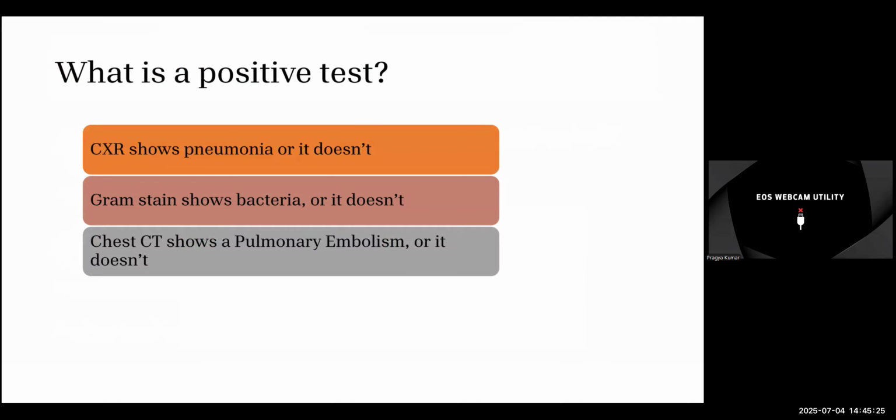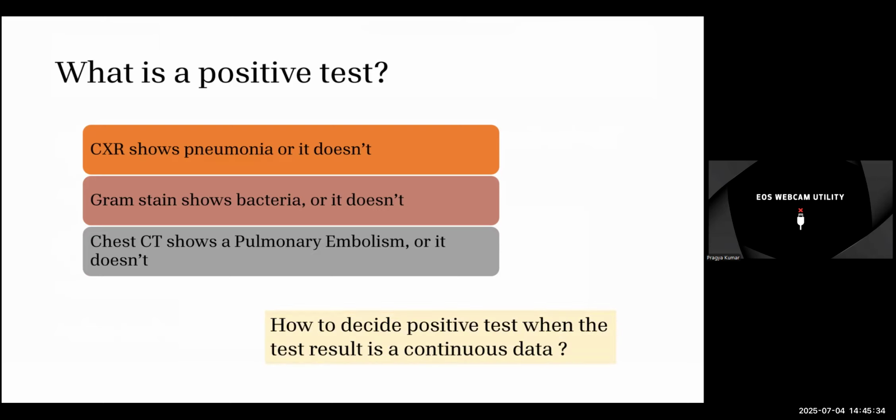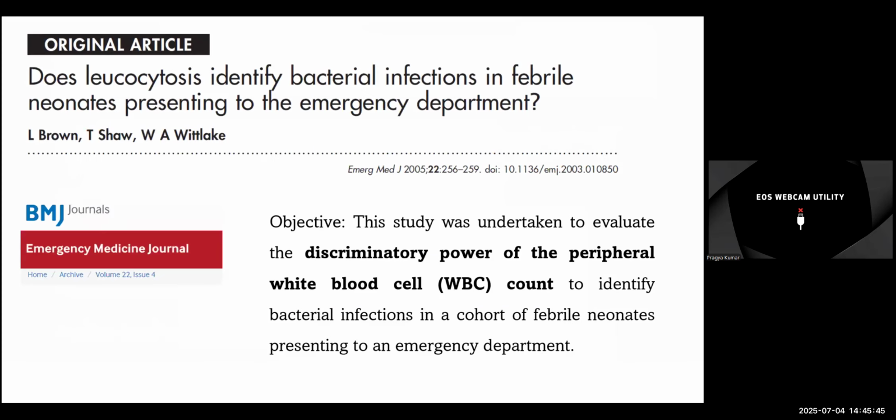Suppose the chest CT is showing a pulmonary embolism. If the CT is showing it, can I say that he actually has the disease or not? So how to decide on a positive test when there is continuous data? In case of categorical data, of course, you can compare it with the gold standard. But in case of continuous data, how will you decide?